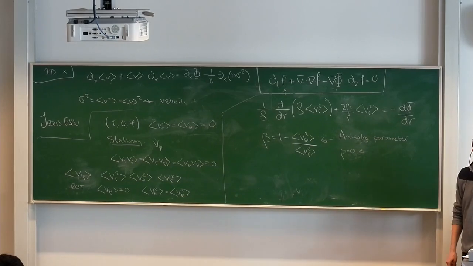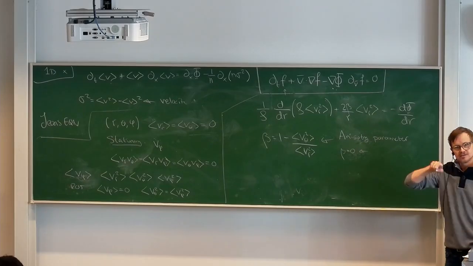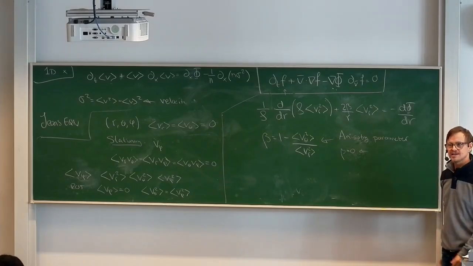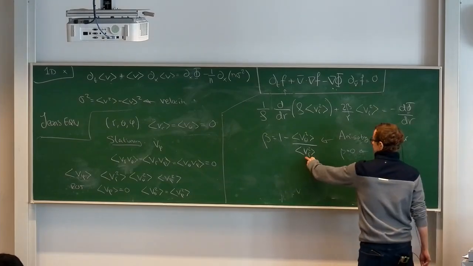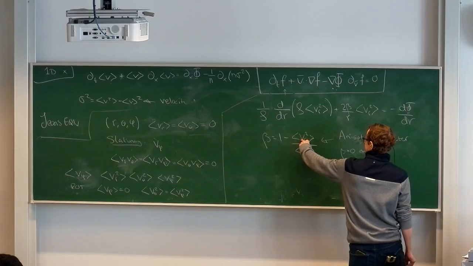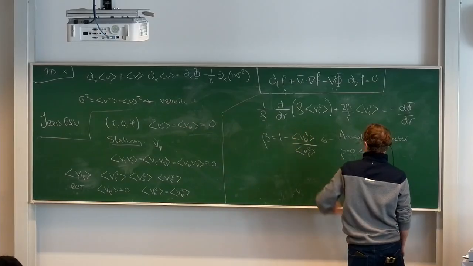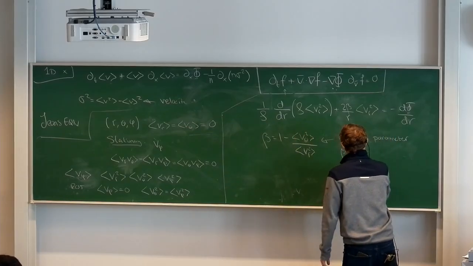We can also see what happens if we only have radial orbits. Then only Vr squared is non-zero, V theta squared is 0, and beta equals 1.